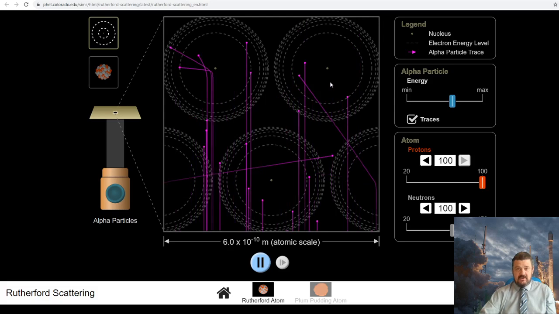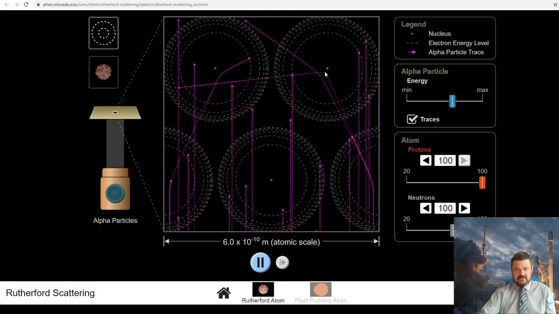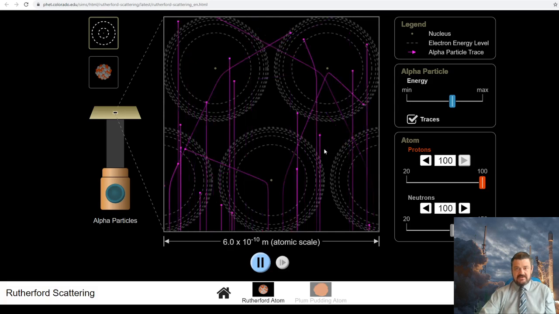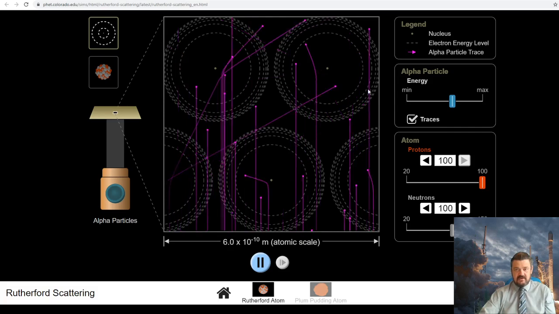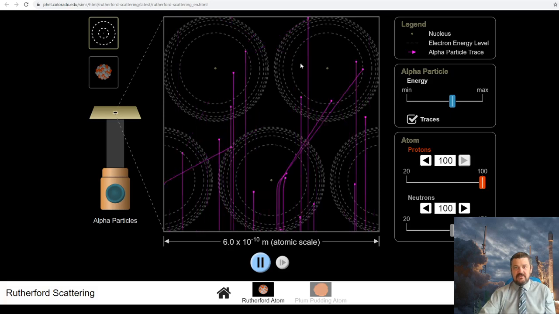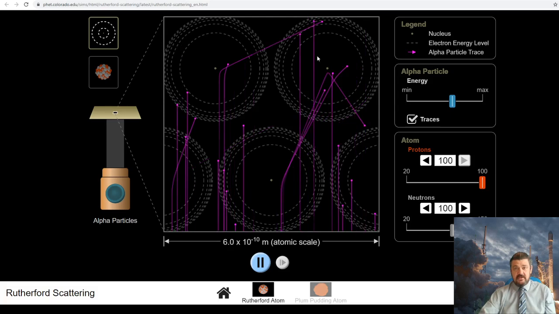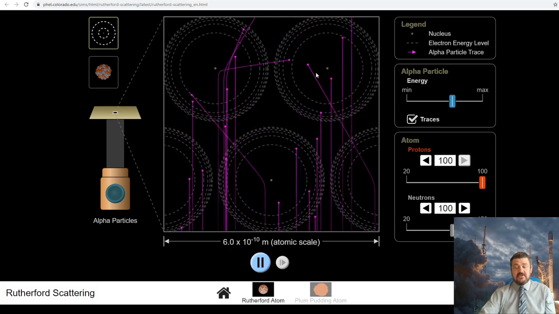Now, what happens when two alike charges interact? They repel. And this is what's causing these alpha particles to rebound and deflect quite aggressively. If we concentrate on this one here, the closer it gets to the nucleus, the more it deflects. You'll also notice some of the alpha particles are passing straight through the atom with no deflection whatsoever.